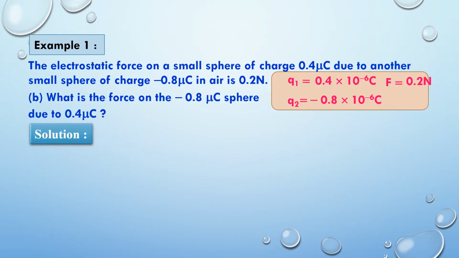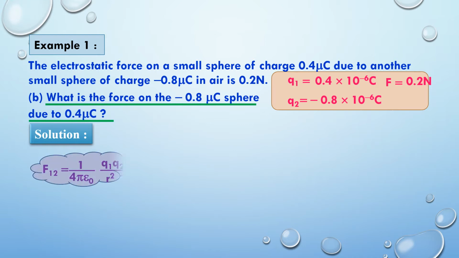Moving to the second part of the problem. Now we have been asked to find what is the force on the minus 0.8 microcoulomb sphere due to the 0.4 microcoulomb. It is known that F12, the force acting on the first sphere due to the second, is given as 1 upon 4 pi epsilon naught Q1 Q2 by R square, and F21, the force on the second sphere due to the first, is 1 upon 4 pi epsilon naught Q2 Q1 upon R square.